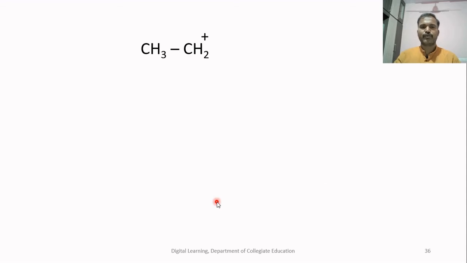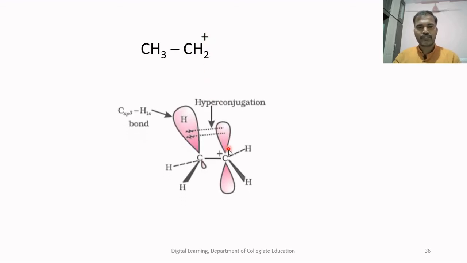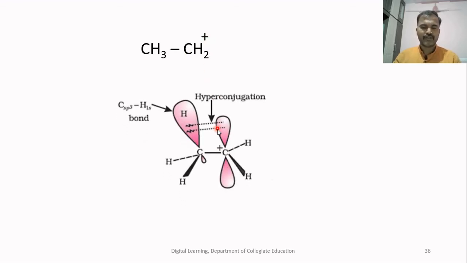Let me consider one more example, CH3CH2+, the ethyl carbocation. Here, the methyl group is attached to the carbon having a positive charge. The carbon with positive charge has an unshared p orbital, and this p orbital is perpendicular to the carbon-carbon sigma bond. And this carbon having a positive charge is attached to a methyl group.